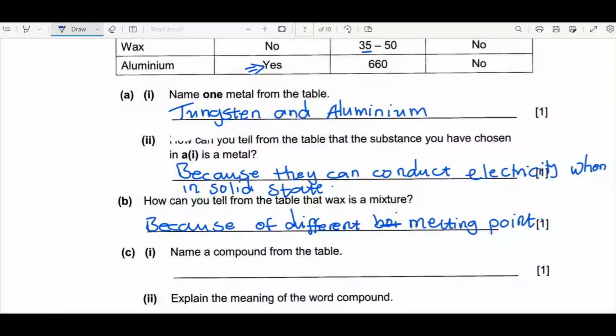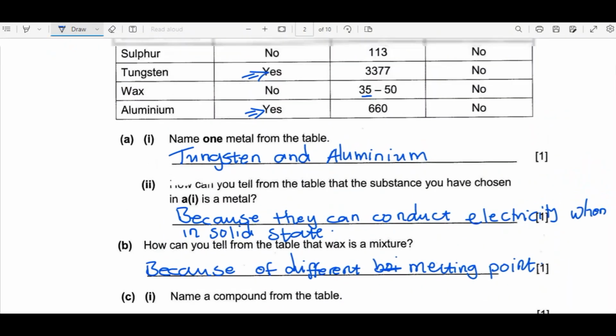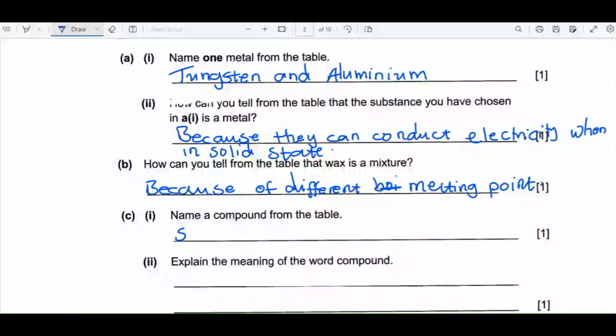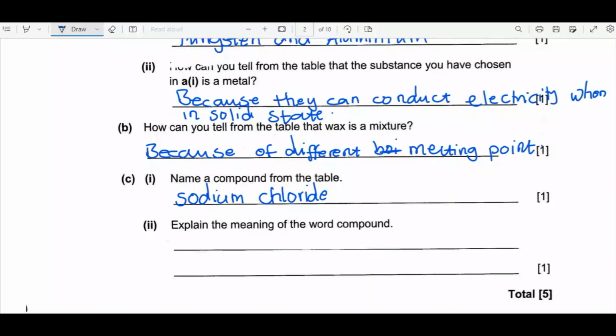Then name a compound from the table. A compound from the table is sodium chloride. Then Roman number 2, explain the meaning of the word compound.